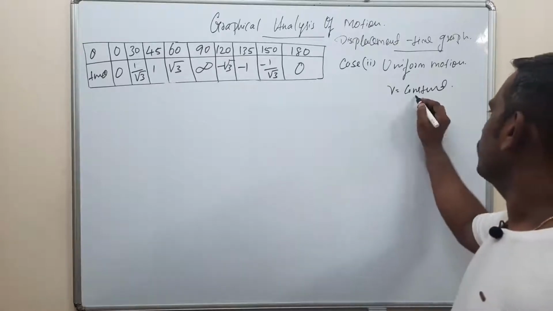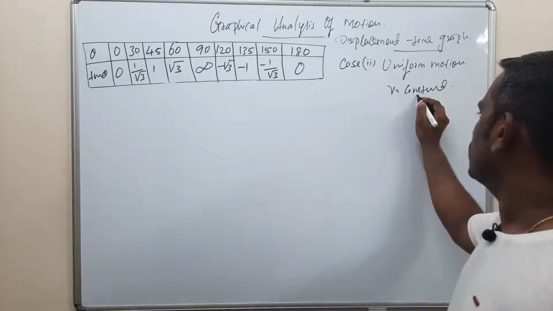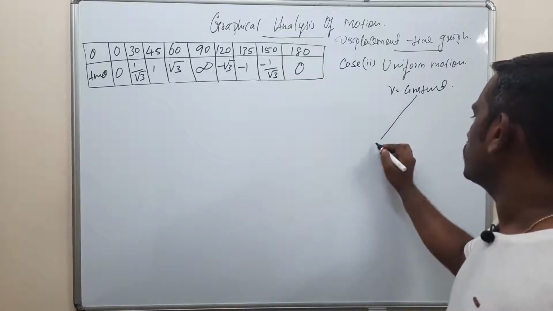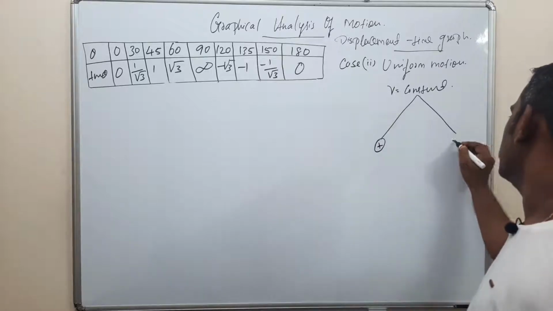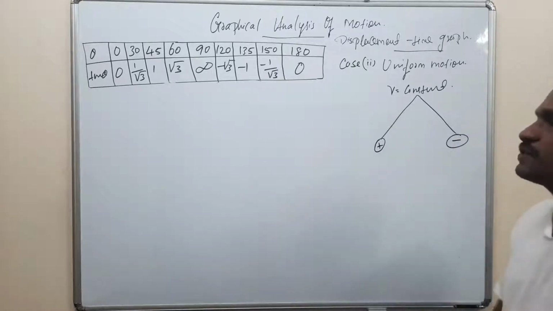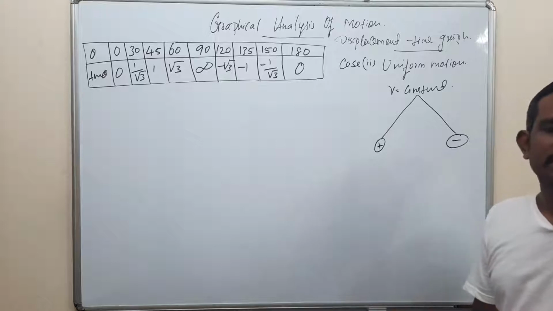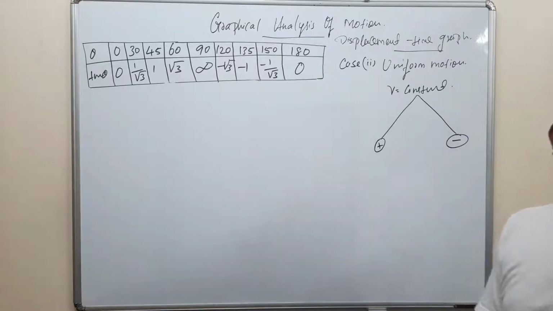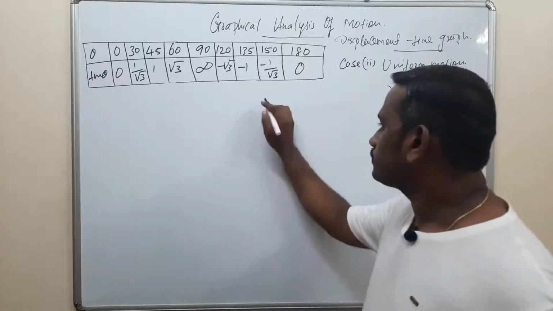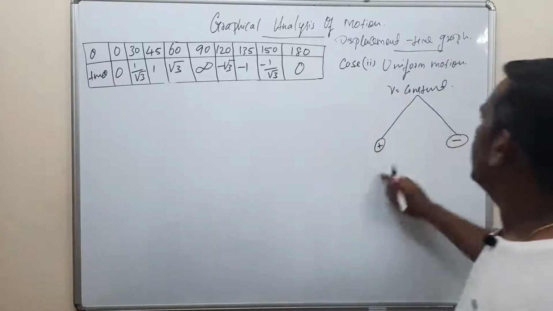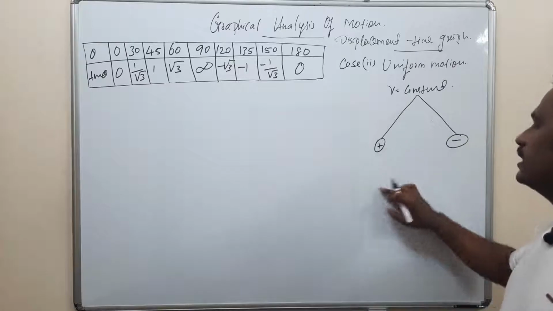In this case, we have two cases. Velocity may be positive or velocity may be negative. So the first case, velocity is constant and positive.